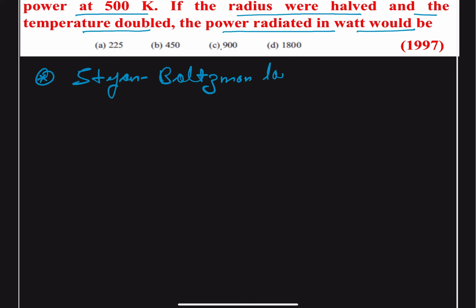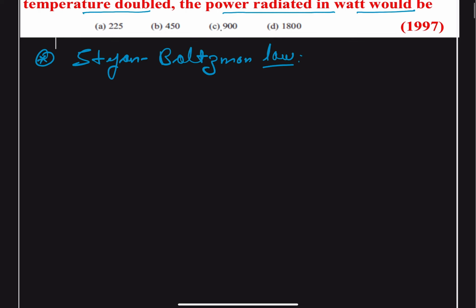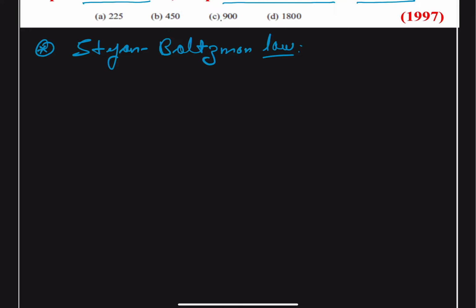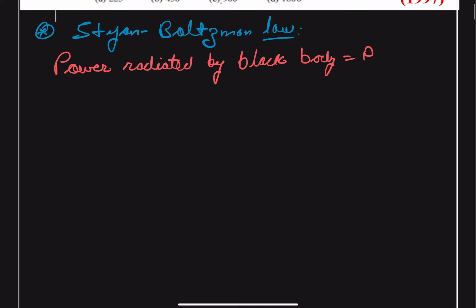And it gives an equation that the power radiated by the black body, if represented as P, then this P will be equal to sigma A T raised to power 4, where sigma is the Stefan-Boltzmann constant.